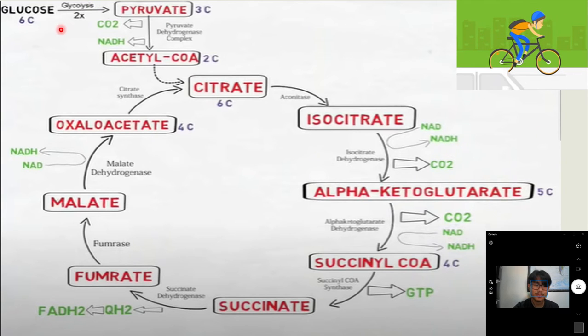It will split into 2, and the pyruvate has 3 carbons. In the next step, it will be oxidized with the help of the pyruvate dehydrogenase enzyme or complex.